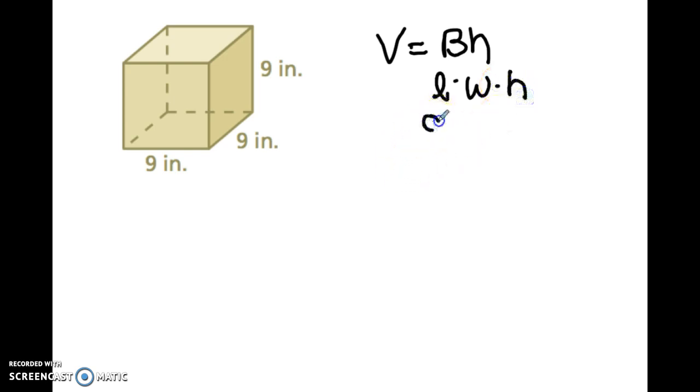So our length is 9, our width is 9, and our height is 9. To find volume, you can use a calculator. So 9 times 9 times 9 is 729. And don't forget about your units. So we have inches, and volume is cubed. So we have 729 inches cubed.